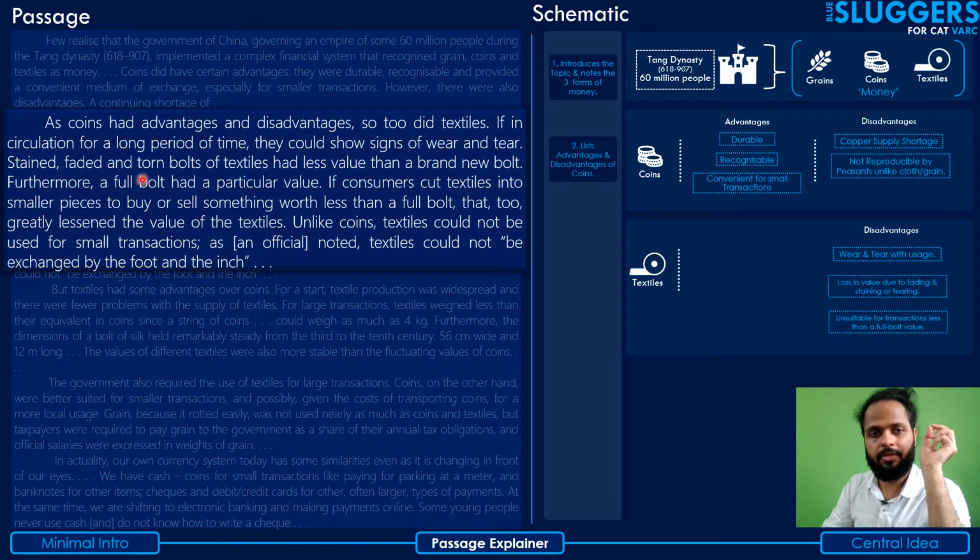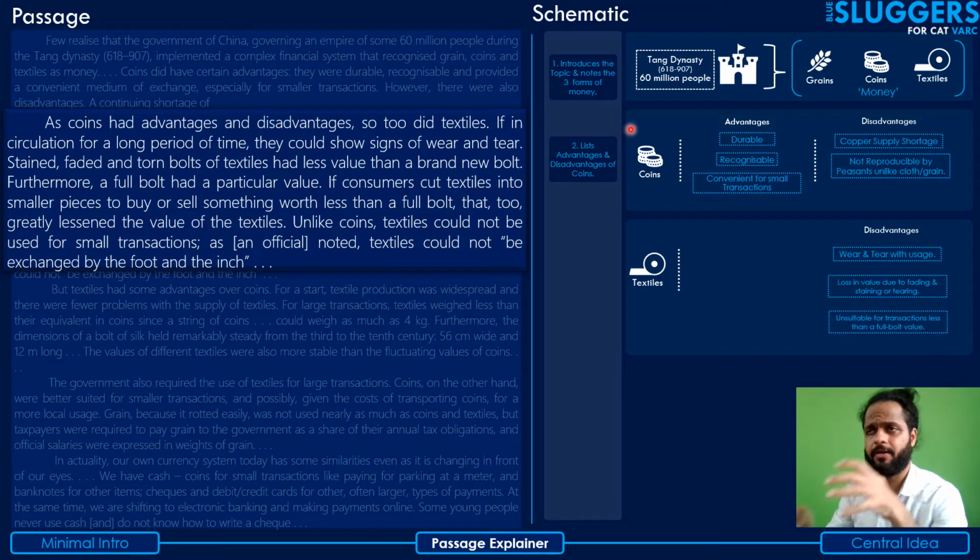And now, what does this bolt of cloth mean? A full bolt is basically just a roll of fabric, as represented by this graphic here. That's what a full bolt is, which has a defined length and width, right? So once the bolt of cloth got stained, faded or torn, it will lose value. That's one disadvantage.